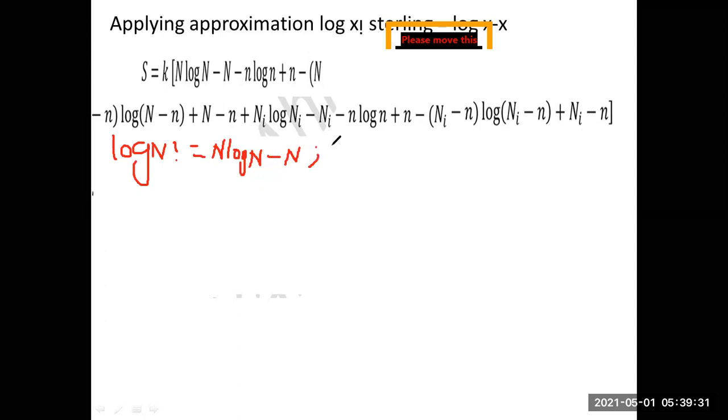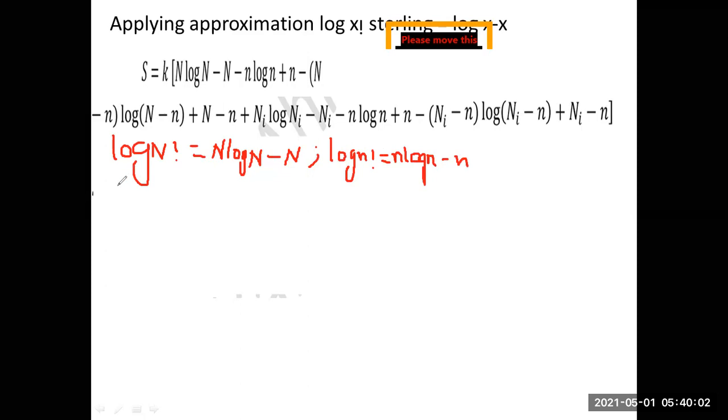The next term, for your reference: log of n factorial is equal to n log n minus n.